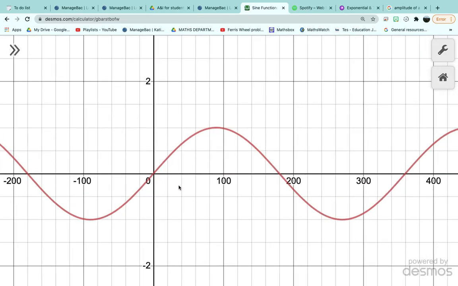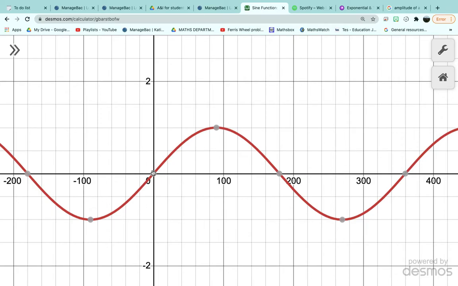Now there are two key things we need to talk about in this course. First of all is the period length. Now the period, when it comes to sine and cosine graphs, is to do with how much degrees it takes for it to repeat.